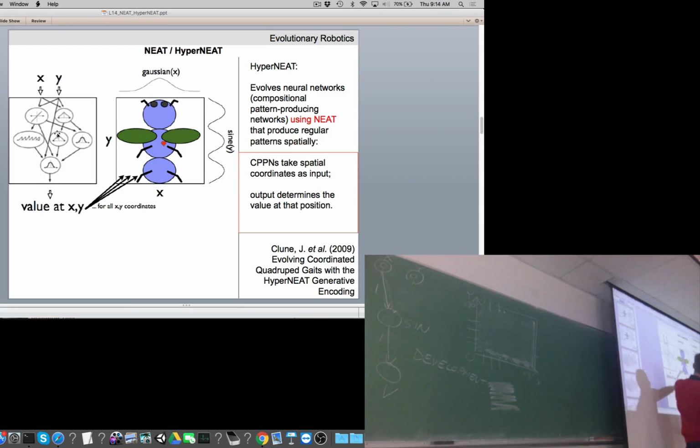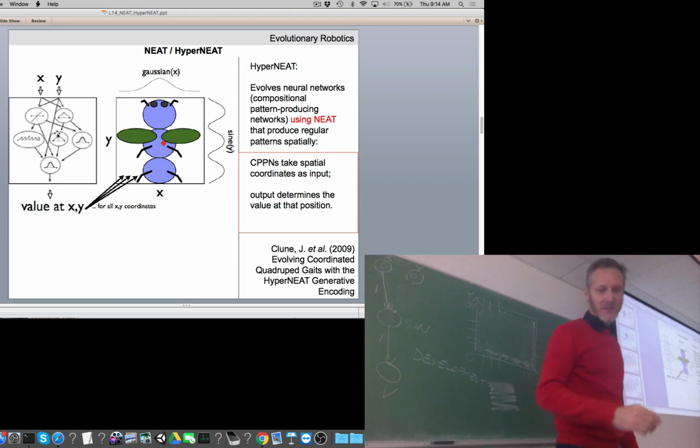So the idea of this little cartoon here is to show that, for example, if we had a CPPN that was feeding the x value into a Gaussian function, it would tend to produce things on the left that are the same as things on the right. But we might also, in the same CPPN, have the Y input neuron connect to a hidden neuron that has a sine pattern, like we saw over here, which produces oscillations or repetitions along the vertical axis.